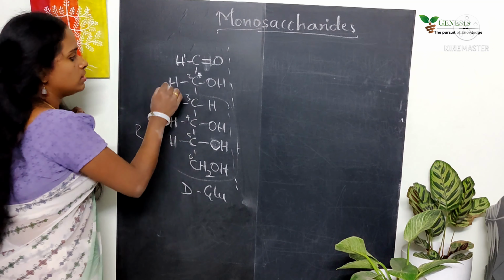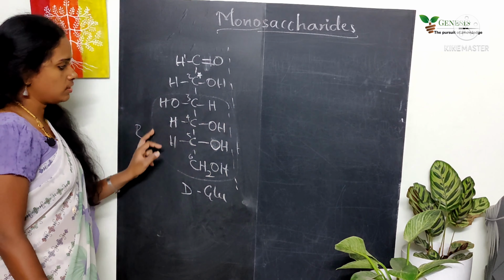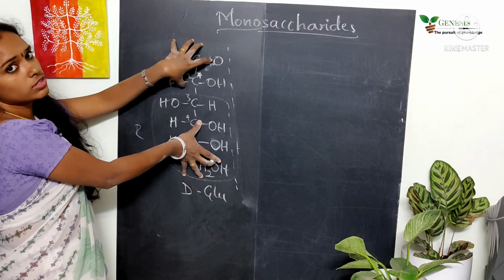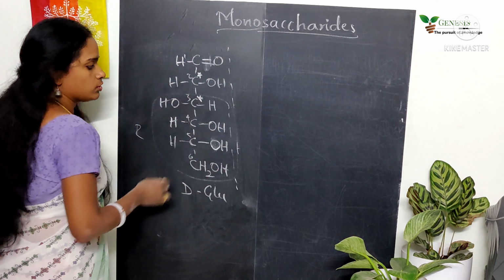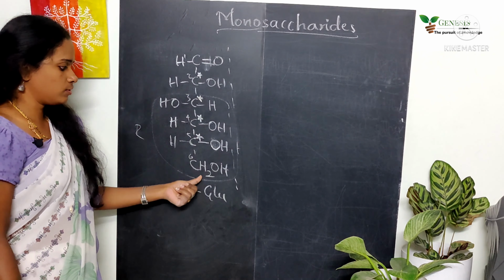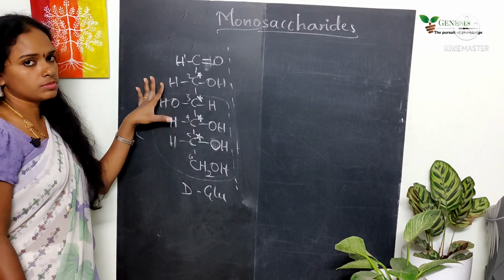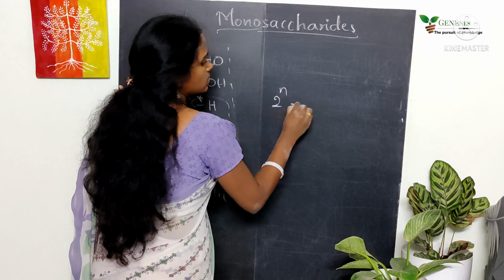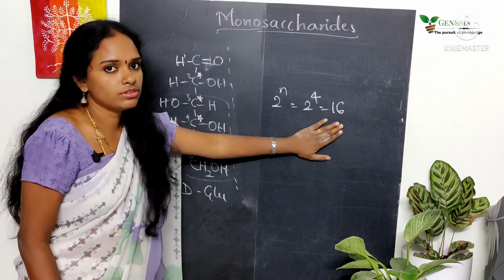Coming to the third one, now it has R1, R2, OH, H, and since R1 and R2 are different, the third carbon is also chiral. Same for the fourth and fifth carbons. The sixth cannot be chiral because it contains two hydrogens. So the glucose molecule contains 4 chiral carbons. So 2 power n, 2 power 4, is 16. So glucose has 16 stereoisomers.